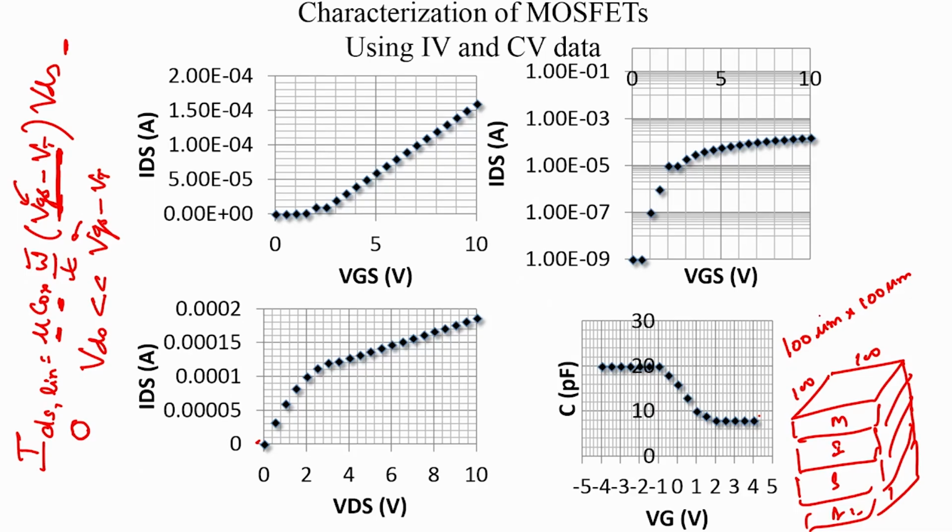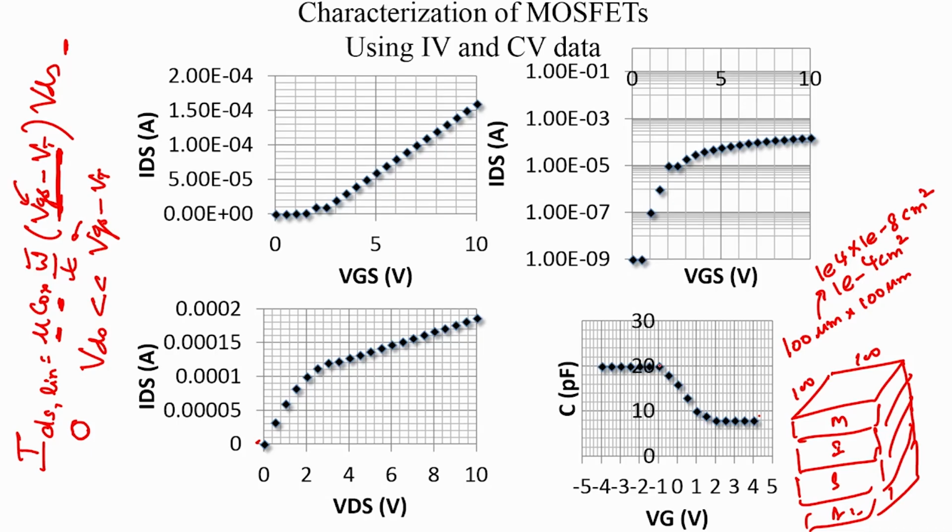What is 100 microns by 100 microns? We would like to represent everything in terms of centimeter square. So, what is 100 microns into 100 microns? It is 1e4 into 1e minus 8 centimeter square, which is 1e minus 4 centimeter square.